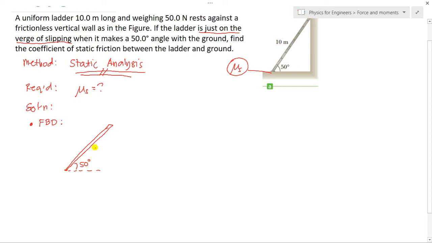Unsa may force nga nag-interact niya? The first one is ang iyahang weight. Asa man ang weight, class? What do you think? Taas man ning ladder, asa man gid ang concentrated nga weight mahimutang?